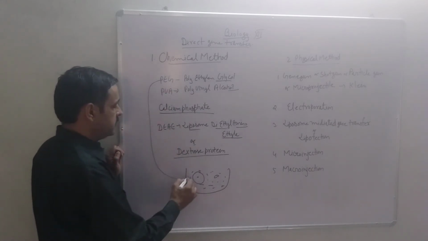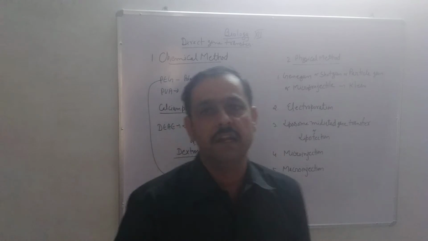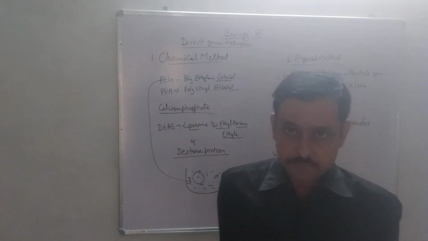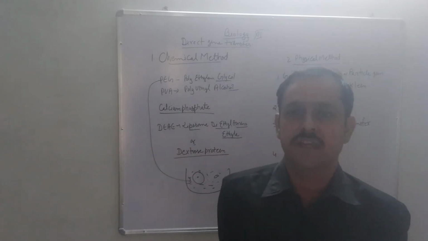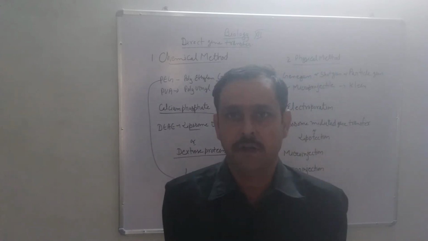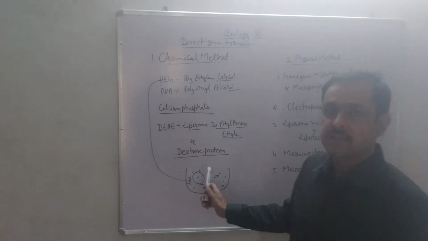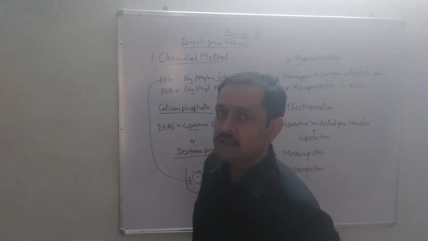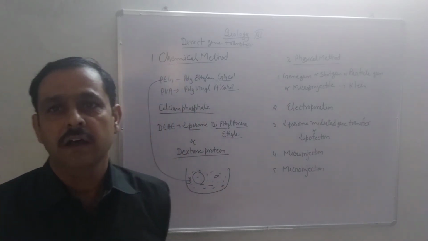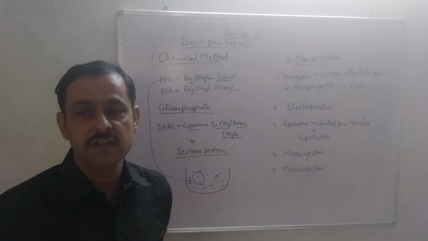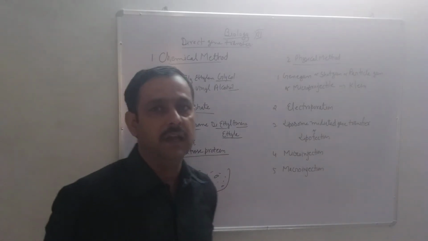For example, this is PEG, polyethylene glycol. The desired gene and the cell in which the gene should be transferred are put in the presence of these chemicals, then automatically this desired gene enters into the cell. So this is the direct gene transfer method or chemical method.